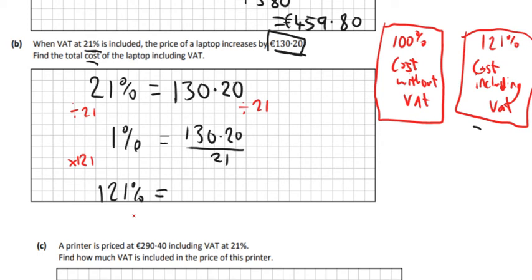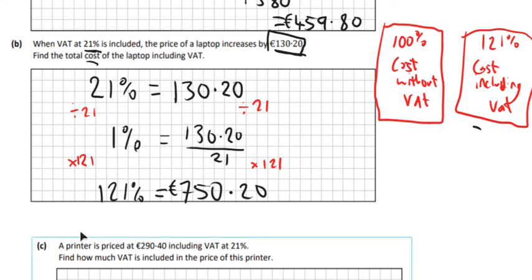So you're doing 130.20 over 21 times 121, and what you should get in the end is €750.20. That was the cost of the laptop including VAT.